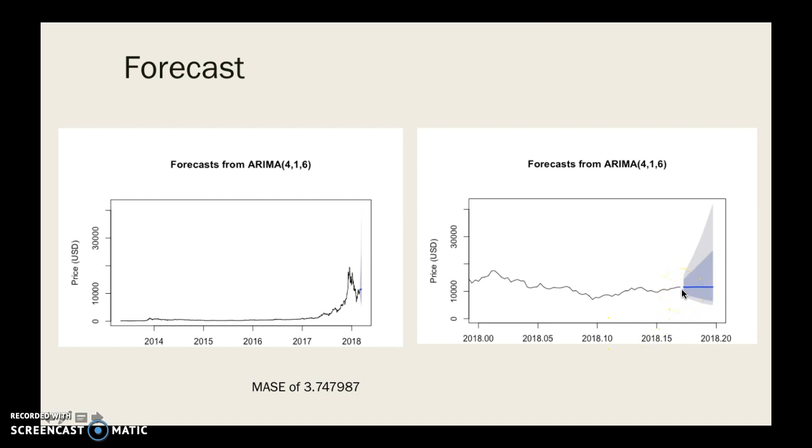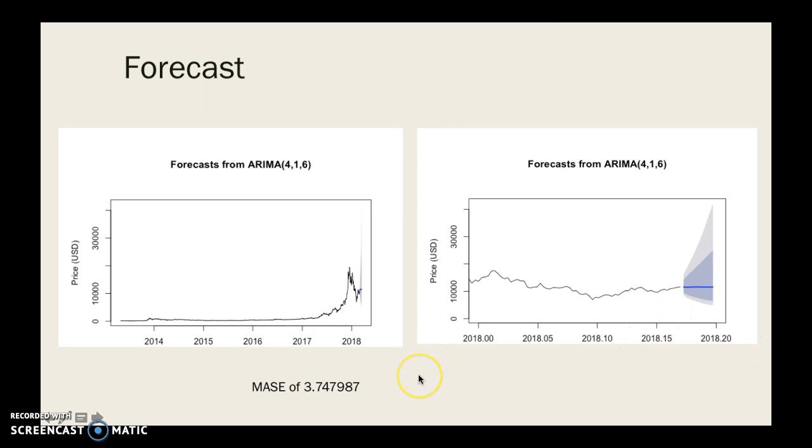We've got here for the next 10-day forecast that the forecast is relatively steady, but then the confidence intervals span a huge area, all the way up to over $40,000 up here.